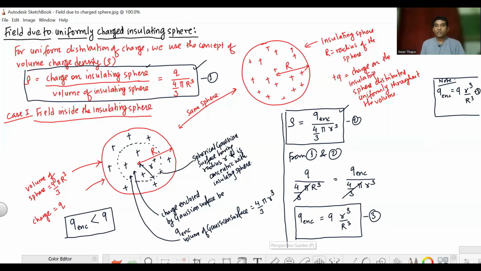This is the relation between the charge inside the Gaussian surface and the total charge.